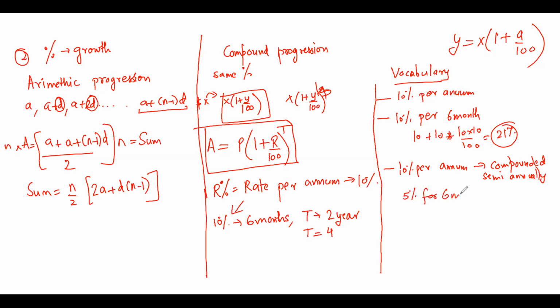Now, this is just some accounting language. I don't see any sense in it, but that's how they do it. If I say the 10% per annum is compounded semi-annually, it's 5% for 6 months. That means over the overall year, it is actually going to be 10.25% per year. Is that fine, guys?